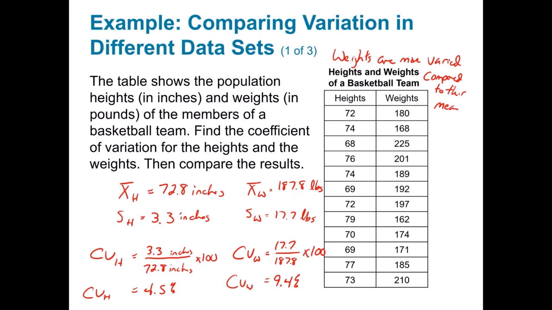So remember, anytime you're wanting to compare different data sets to see which one is more spread out, or thinking ahead to your next project, or a couple projects from now actually, if you want to compare stocks to see which one might be a better option, then coefficient of variation is what you want to use to compare, because you want to look at the standard deviation relative to its own mean, and then compare across the different data sets.